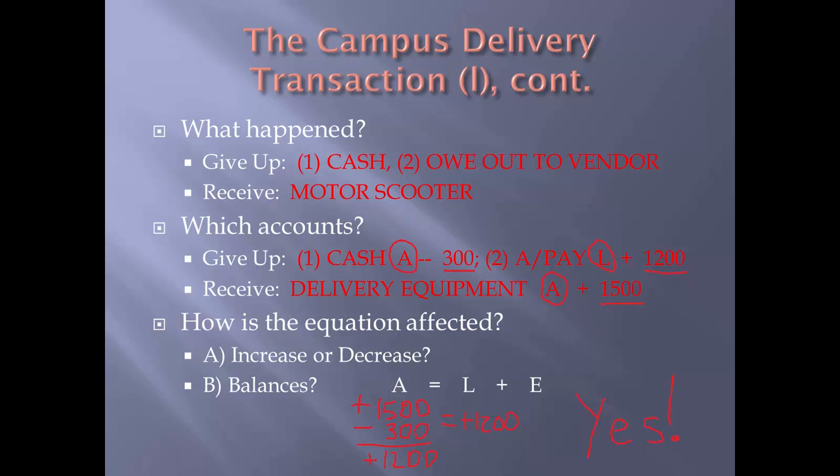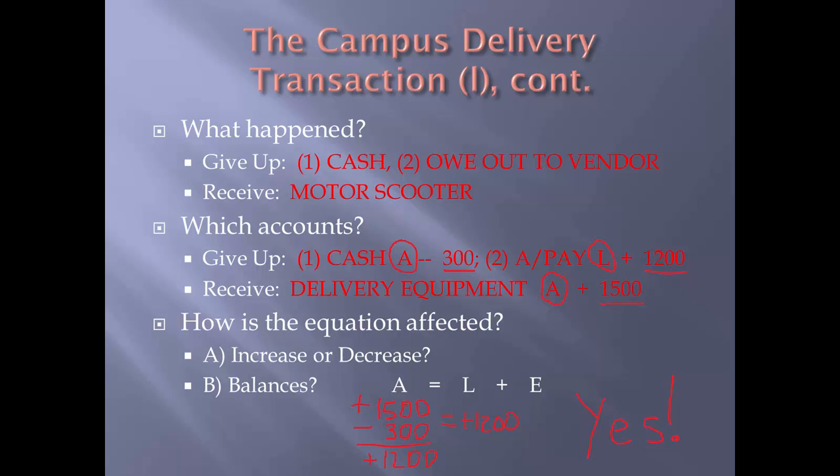We spent $300. How much accounts payable? How much do we owe out to the vendor? $1,200. How much is the motor scooter? $1,500. Okay, so now I have a minus 300 under cash and a plus 1,200 under accounts payable and a plus 1,500 under delivery equipment.